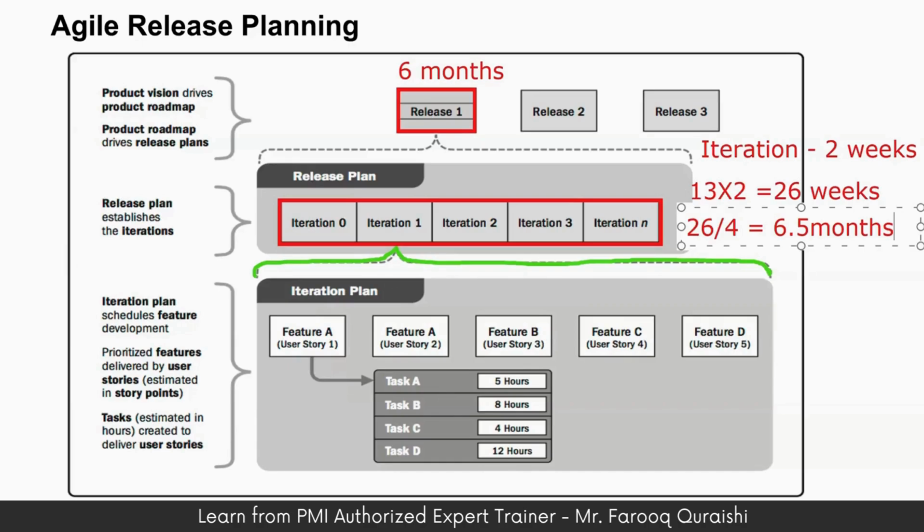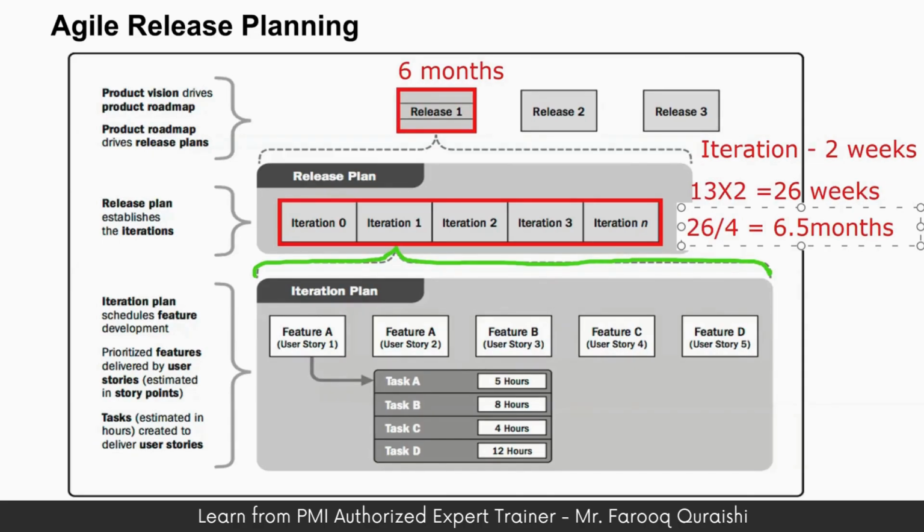So if each release is 6 months and the iteration is 2 weeks, you need 13 iterations to deliver one release. A series of iterations or sprints plus customer acceptance leads to a single release.